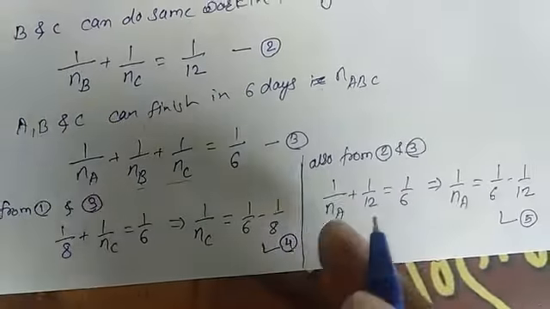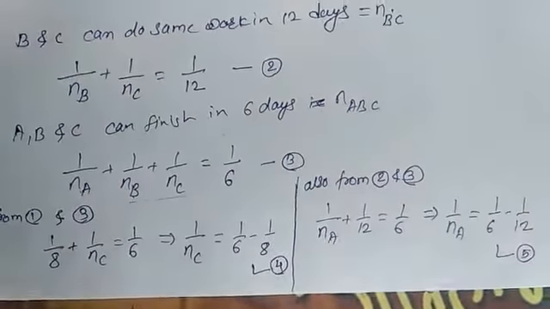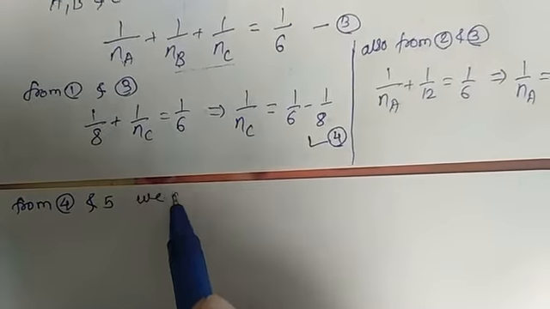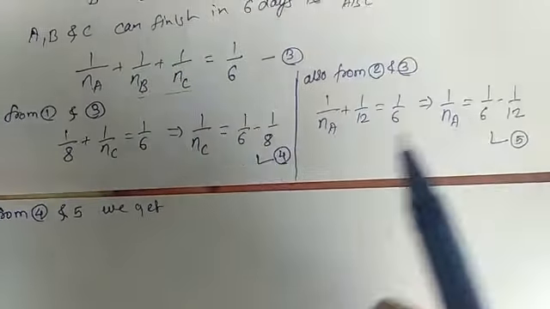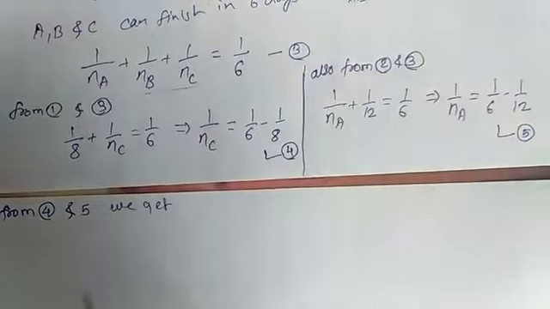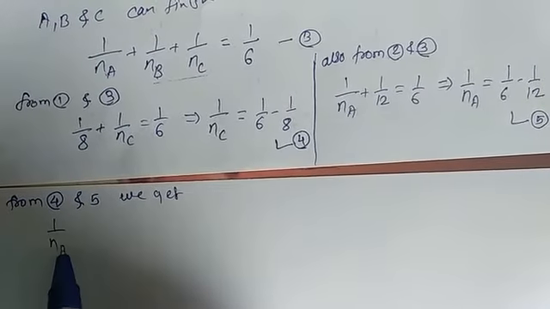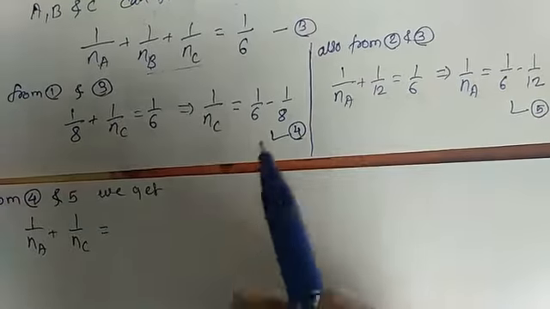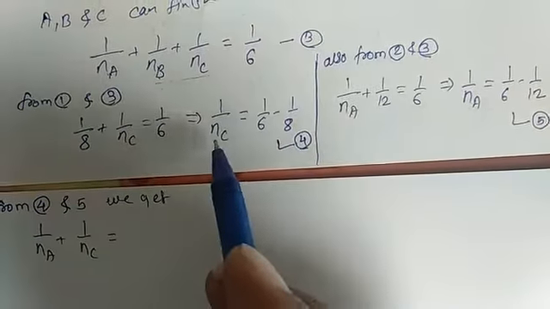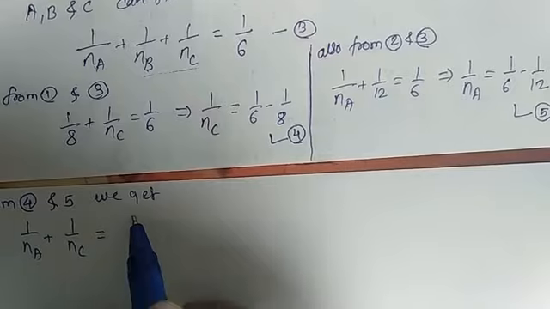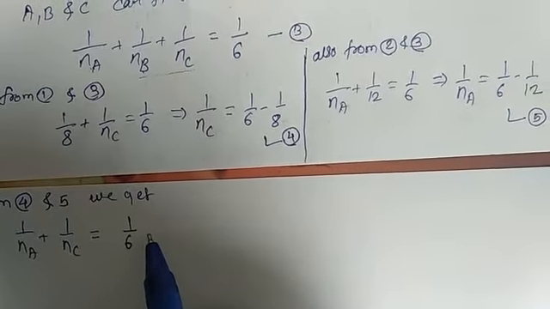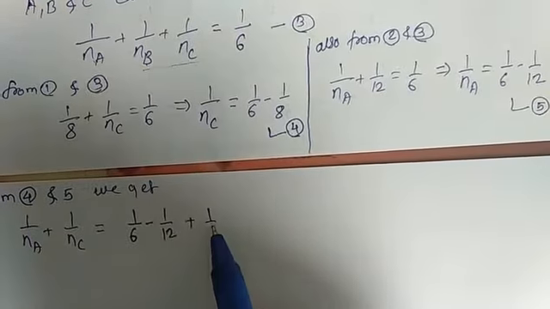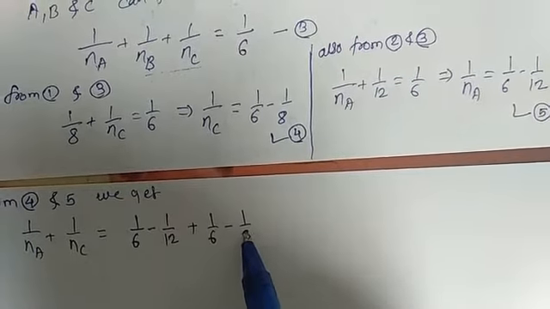So adding 4 and 5, we get 1 upon n to the base A plus 1 upon n to the base C is equal to 1 upon 6 minus 1 upon 12 plus 1 upon 6 minus 1 upon 8.